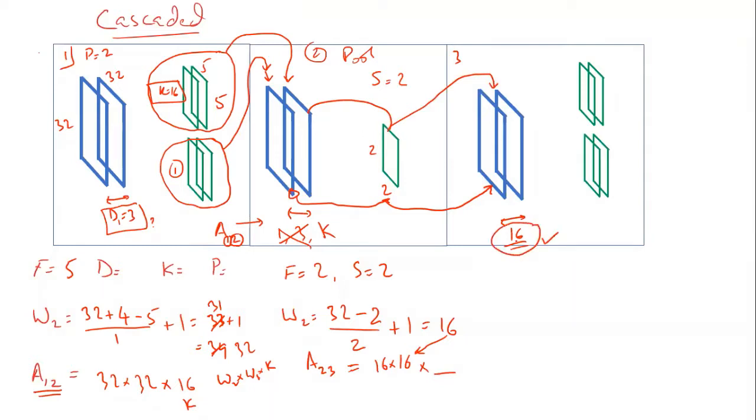The depth is not going to change when you do max pooling. So this is going to be 16, which is simply going to be the earlier K. This value K is going to continue on over here. Now the rest you can already do, and I'll leave it as perhaps homework for you to actually calculate this.